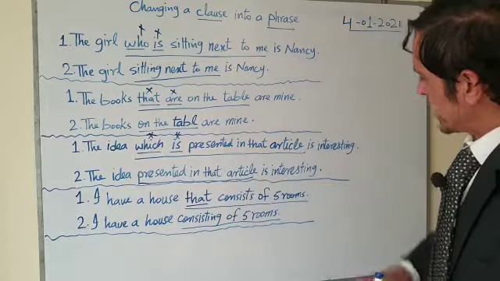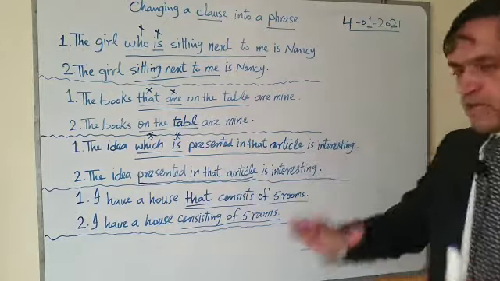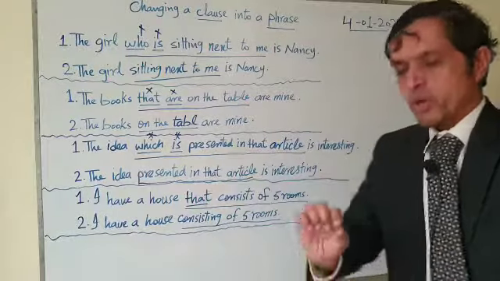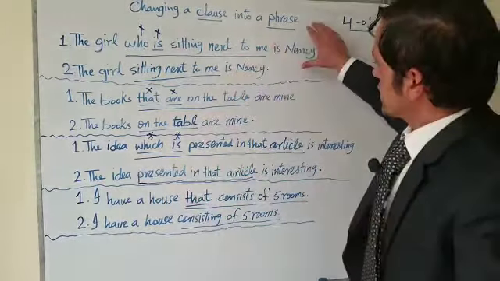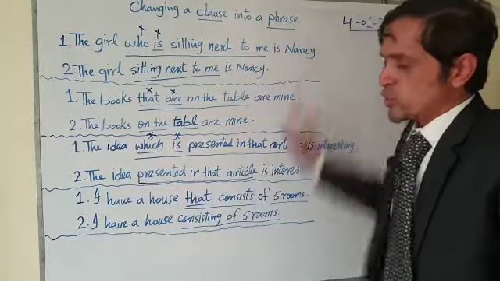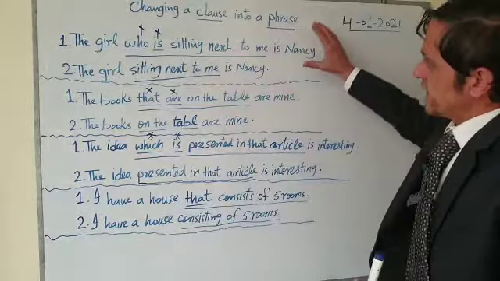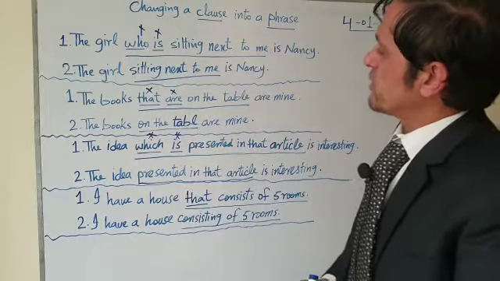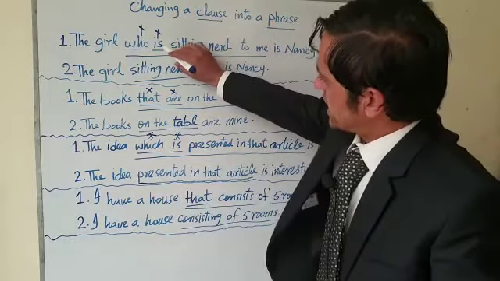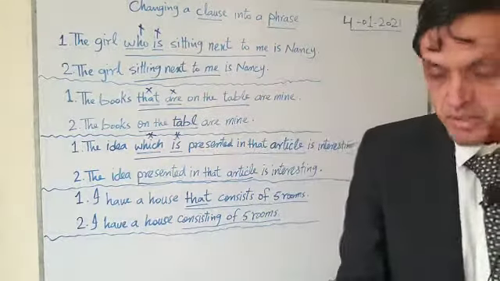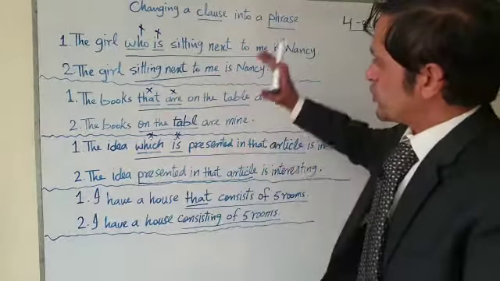Now here is another important point before discussing this part. Whenever such a structure is in front of you, we will have two sorts of structures. In one sort, you will find a to be verb, like is, are, am.